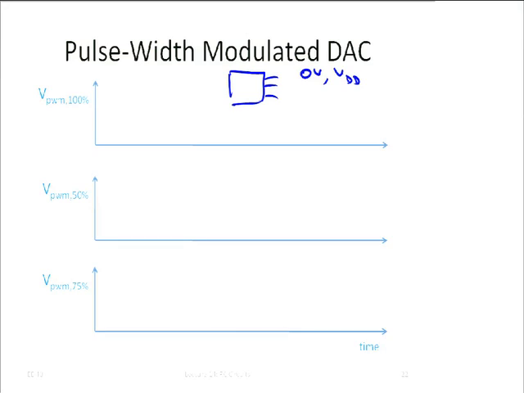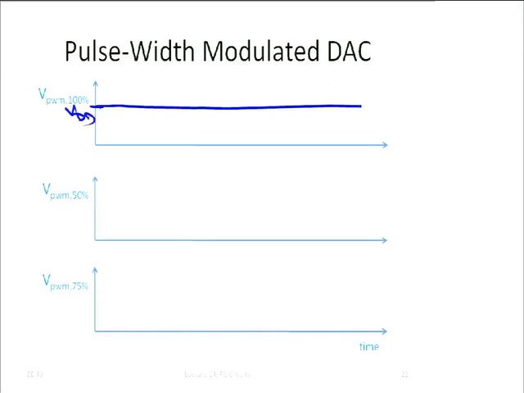Well, if we wanted to output VDD, that would be very simple. We simply would tell in our program to the microcontroller, well, pull the output high and just leave it there, okay? That's easy.